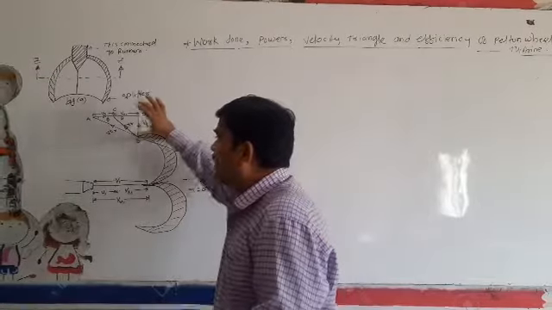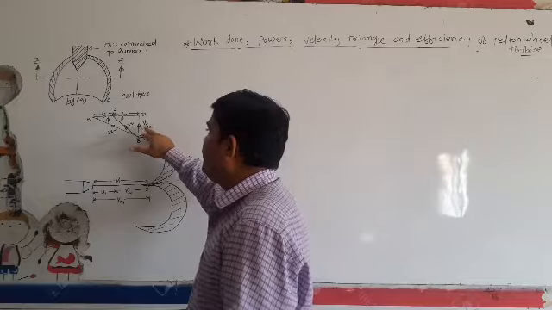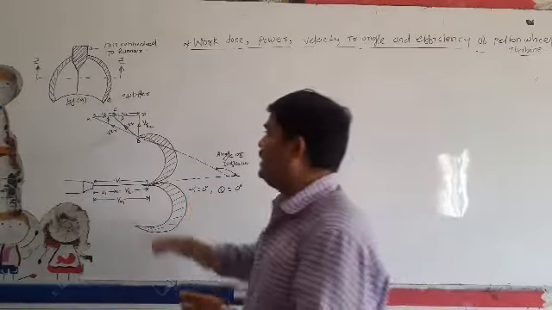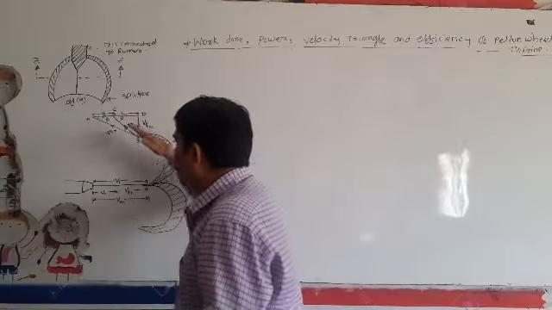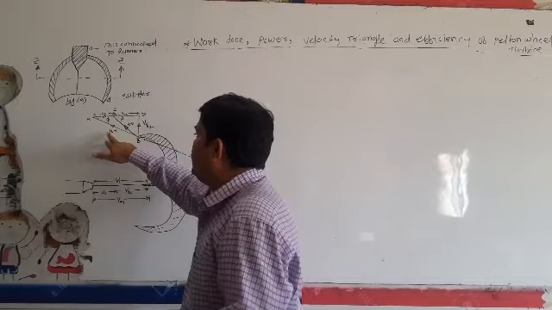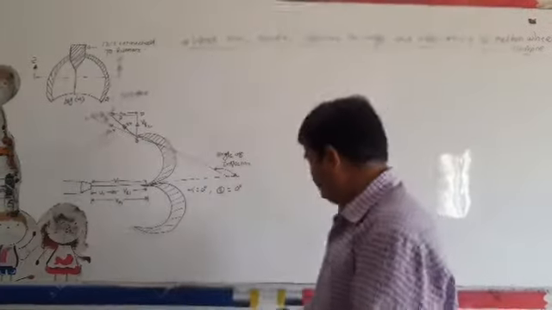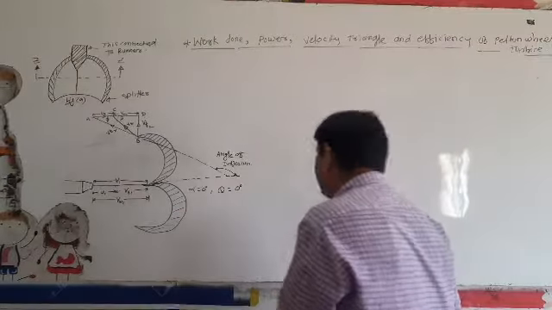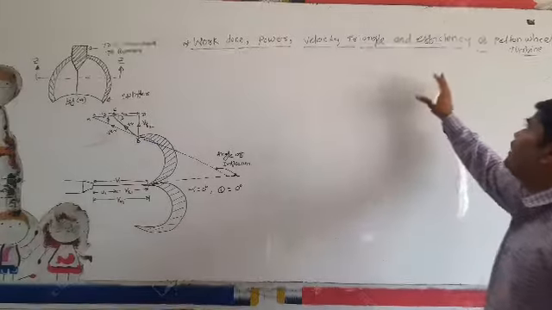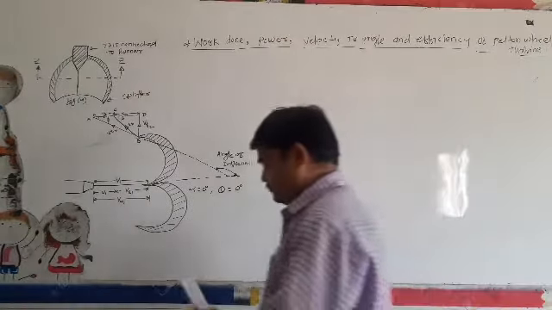In the outlet velocity triangle we see Vr2, V2 and Vf2, where Vf2 is the flow velocity, V2 is the velocity of the jet at outlet, and Vr2 is the relative velocity at outlet. Now we have to study the work done, power, velocity triangle and efficiency of the Pelton wheel turbine.